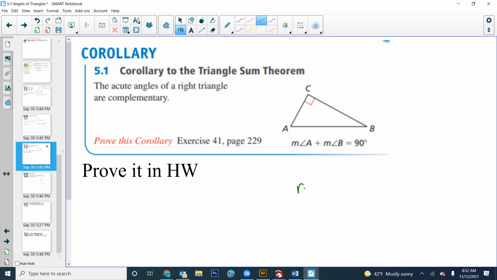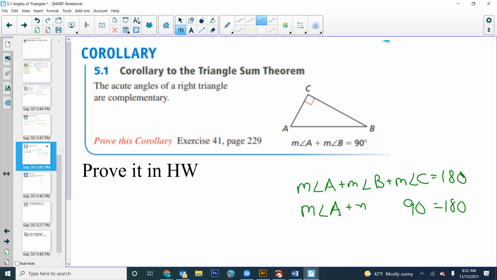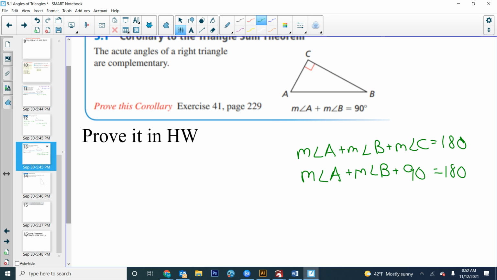Well, if measure of angle A plus measure of angle B plus the measure of angle C equals 180, and one of the angles is 90, a corollary is like a special case of a theorem.